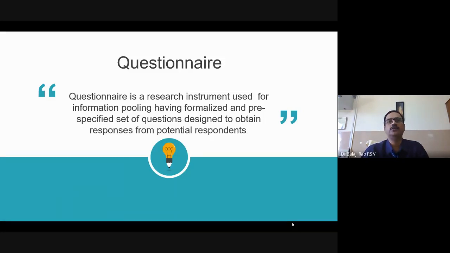That is done through a formalized procedure with a predetermined set of questions, so that it will collect or retrieve the best and sensitive information from the respondents. So a questionnaire is a research instrument used for information pooling, having a formalized and pre-specified set of questions designed to obtain responses from potential respondents.